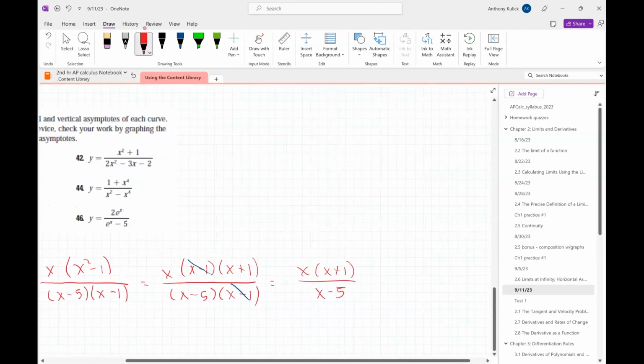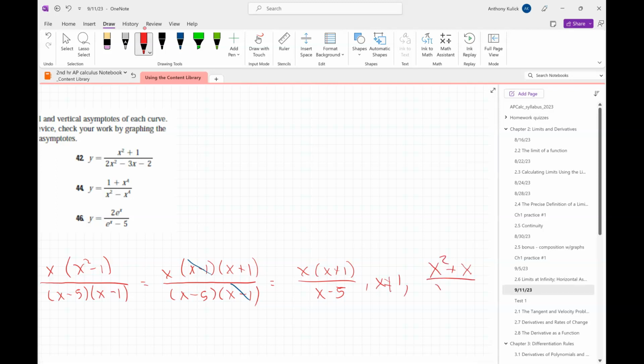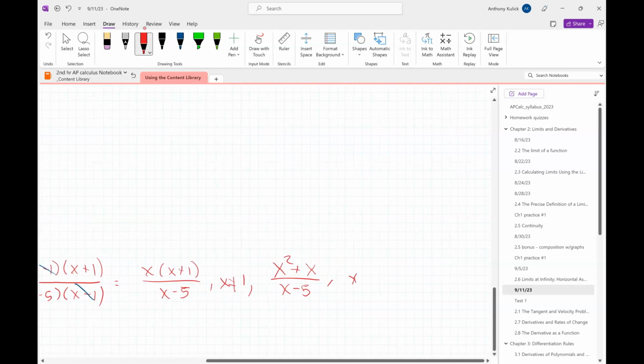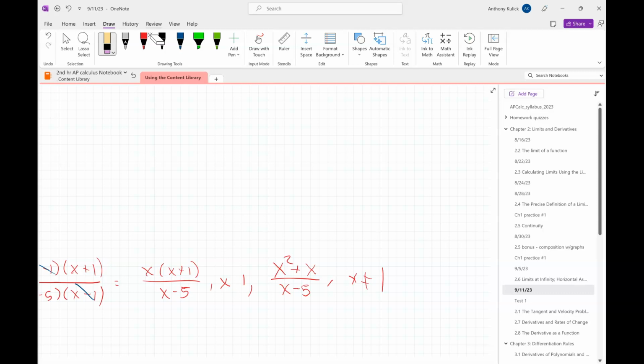And if I wanted to, I could multiply that numerator back out. And I could use that, right? Why do I have the not equal to 1? That's like the removable discontinuity. Exactly right. Yep. So far, so good?